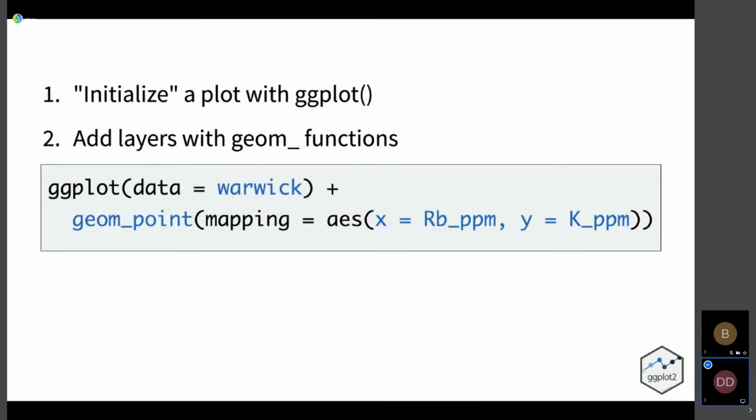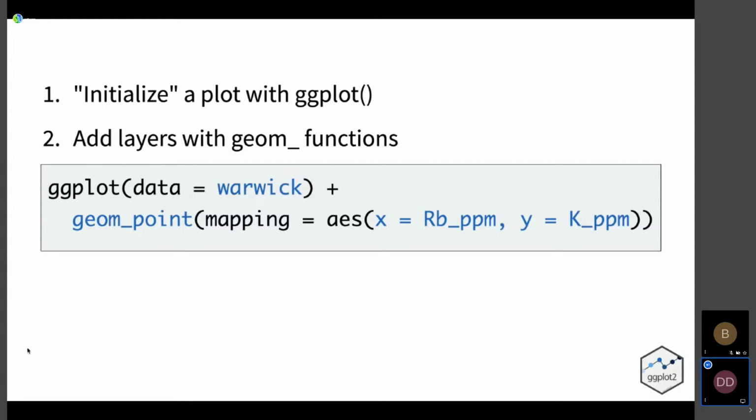So when you make a ggplot, one thing you're going to be doing every time you make a plot, you're going to initialize that plot with ggplot. Usually you're plotting just one data set, and so you can ggplot that data, the variable that contains that data. Then you have this function that chooses which geometric object is going to be used to display every row in your data.